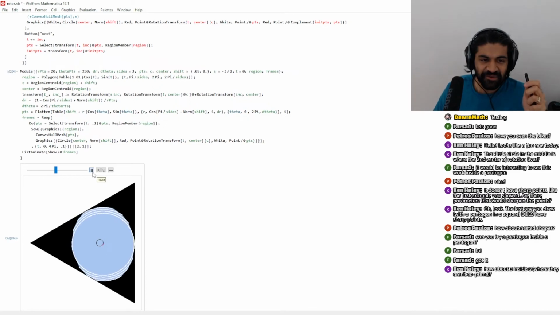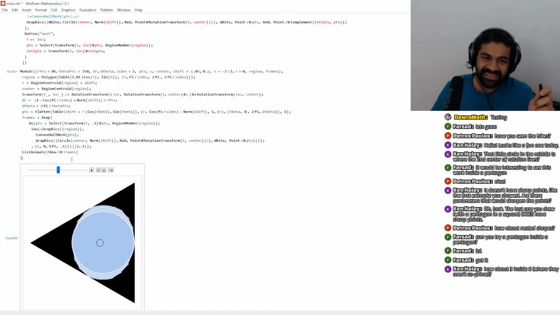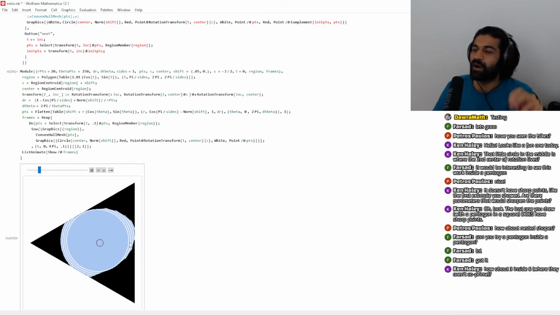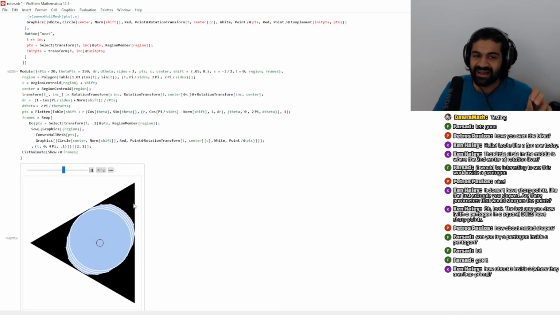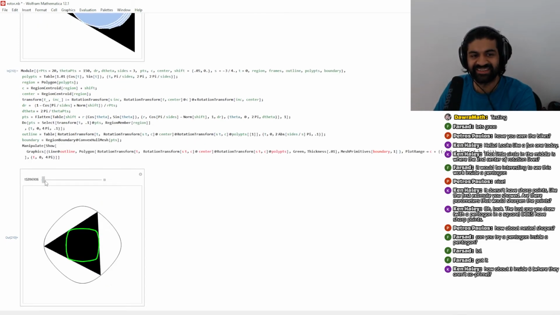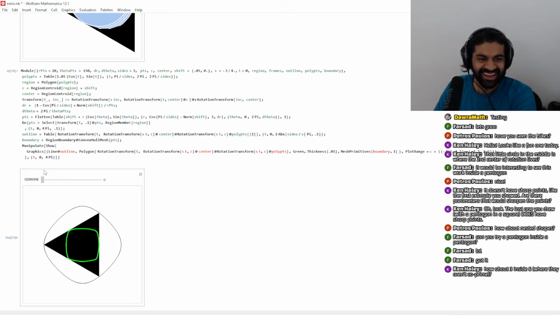Okay, so what if we held the oval still and rotated the triangle around it? That was the next thing I wanted to experiment with: holding the internal shape still, rotating the polygon, and then seeing the path traced out by the outer points. Interesting. Look at that. How about that?